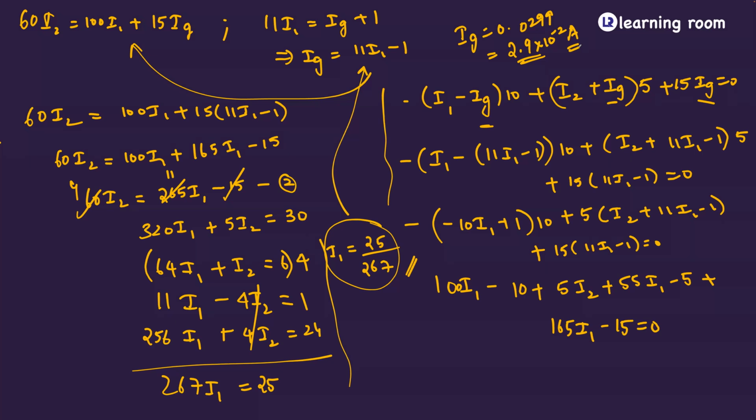But I hope you could understand the concept, no? You understood when to apply the balanced Wheatstone bridge and when not to apply it? Yes or no? Yes, sir. Very good. So this is all about chapter 3.